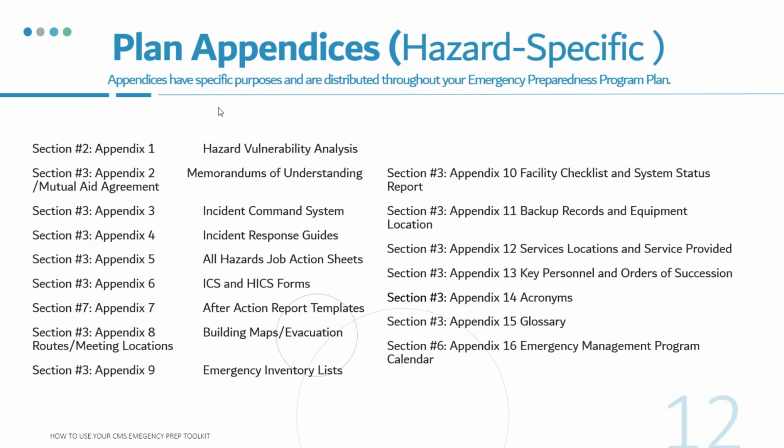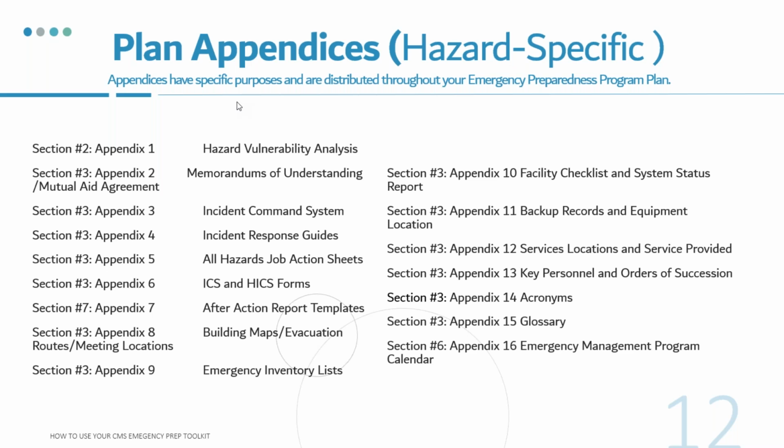Now I want to talk a little bit about plan appendices. These are throughout the toolkit, but these are actually appendices and annexes, they're the templates that guide you through the process of creating your plan. I'll give you an example. You have in section 2, appendix 1 is a hazard vulnerability analysis.